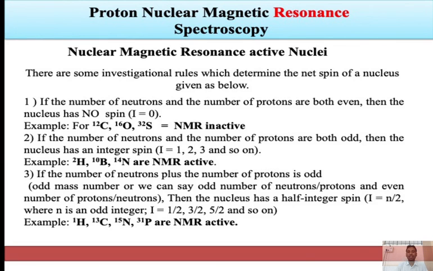See here, nitrogen has 7 protons and 7 neutrons, both odd. Then the third rule: if the number of neutrons plus the number of protons is odd, for example H1, C13, N15 and phosphorus 31, these are NMR active nuclei.